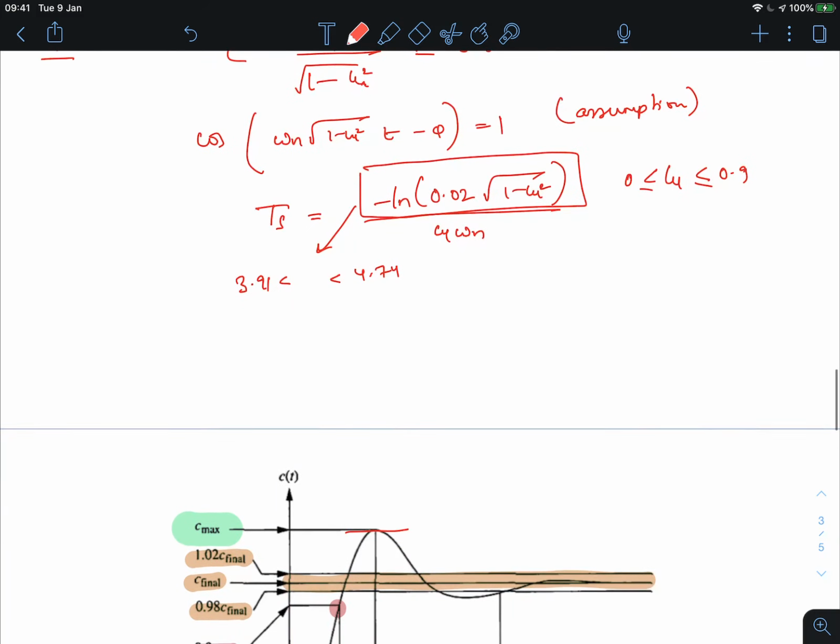Okay, so the range of this one is quite small, so we could approximate the settling time as 4 upon xi omega n. Okay, so this is the final expression for the settling time.